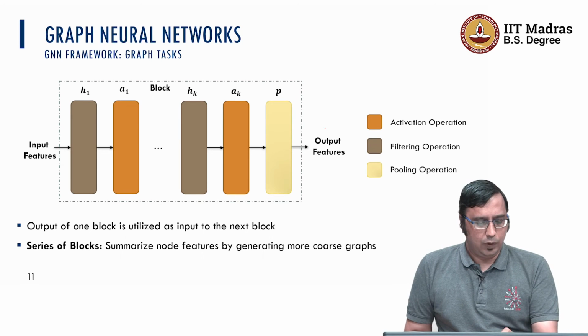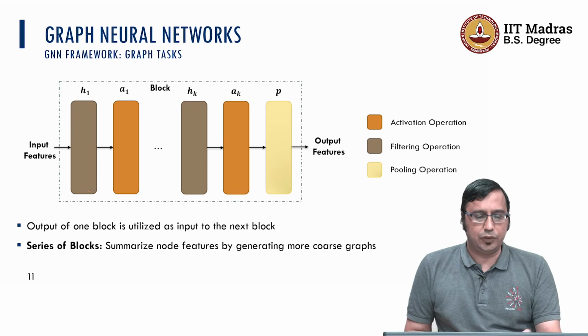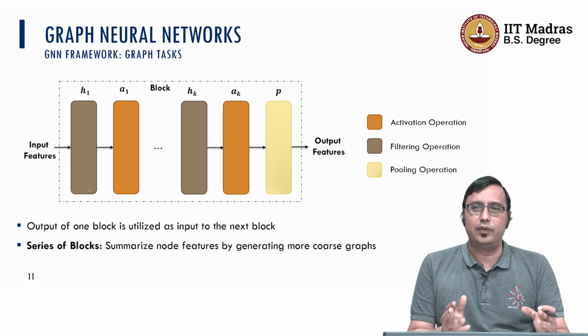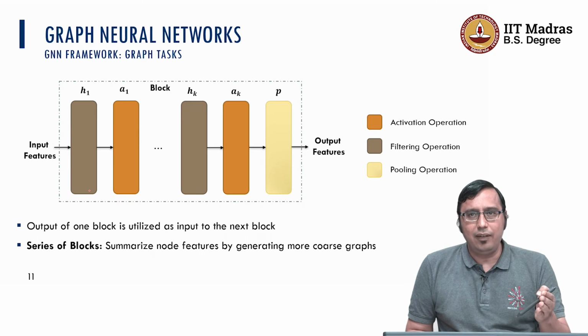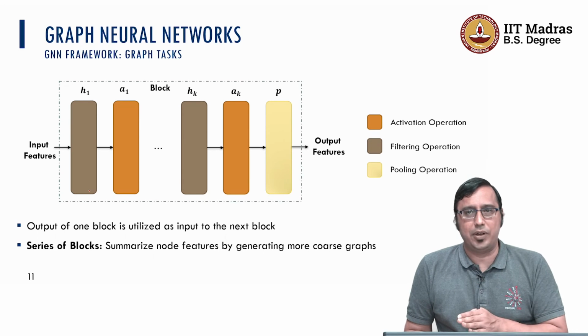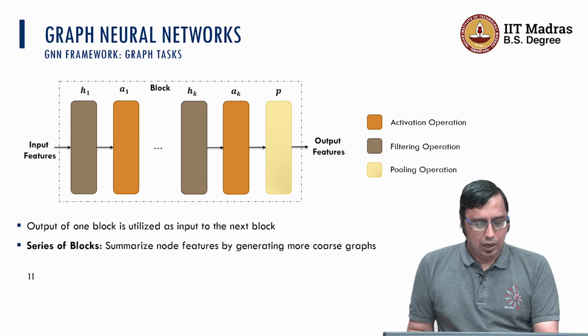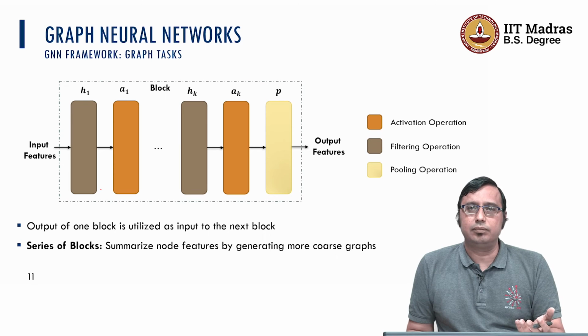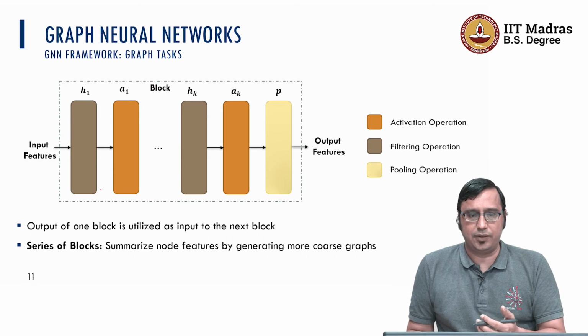Here, we are going to use the concept of a block. One block consists of 3 operations: a set of filtering operations and activation operations, and finally a pooling operation. And what a particular block will do is try to capture graph level information and summarize the node level features.